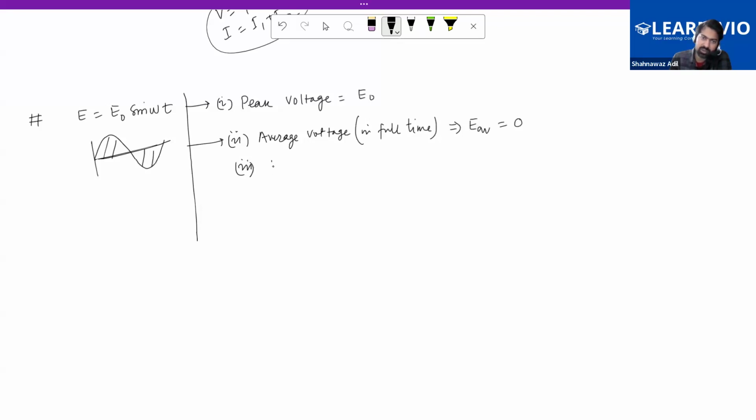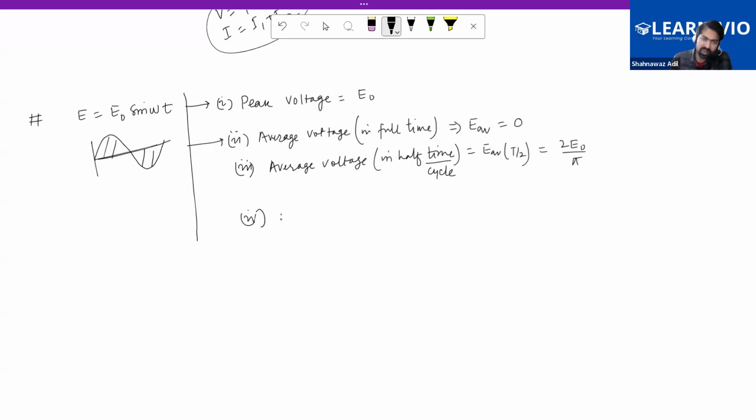The average voltage in half time, this is E average in half time, and that is 2 E naught by pi. So this is the average voltage in half cycle. And all these are known results, so I will not derive all these things.